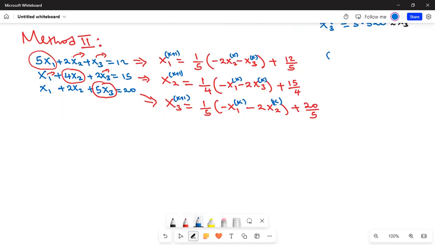We are also given that x1 at level 0 is 0, x2 at level 0 is 0, and x3 at level 0 is also 0. Those are the initial estimates. So you perform the first iteration.